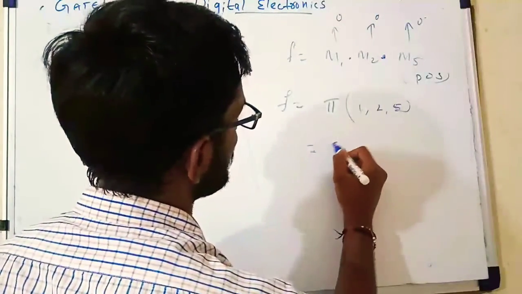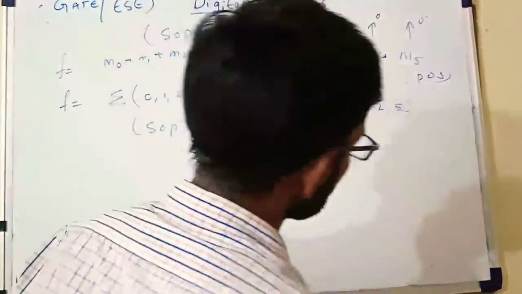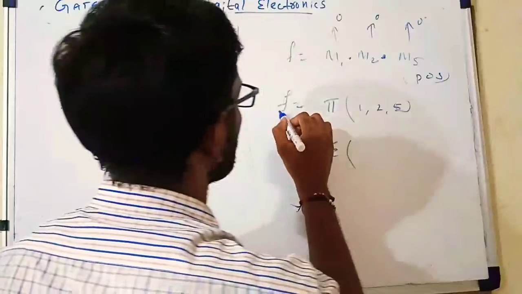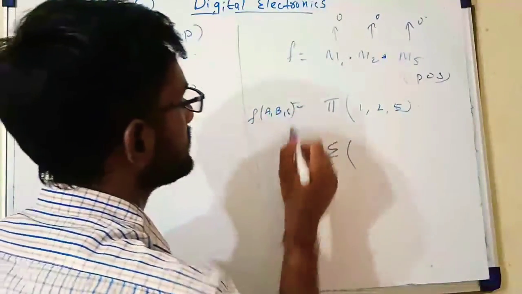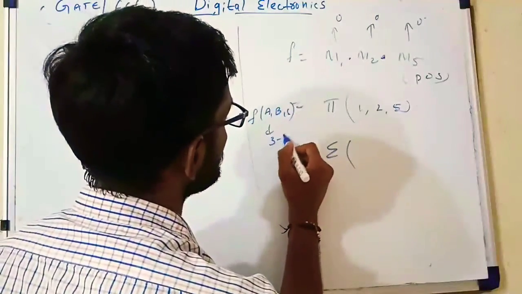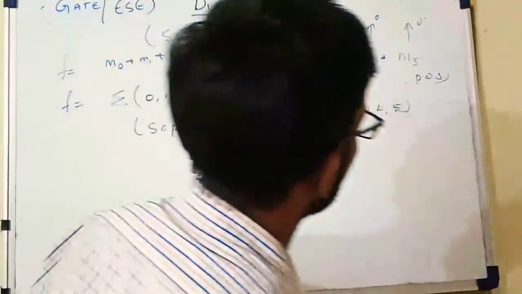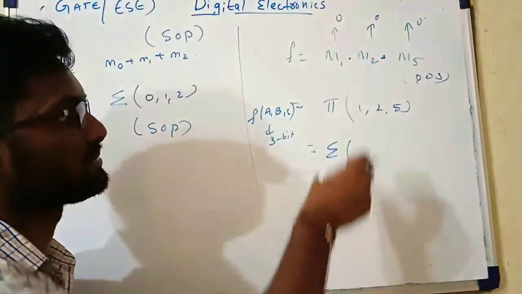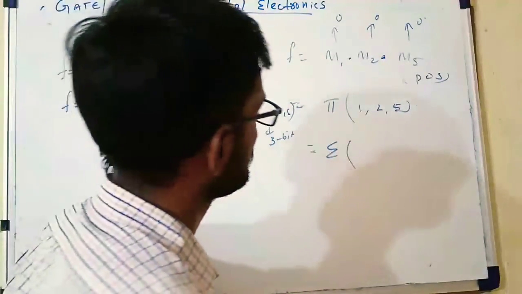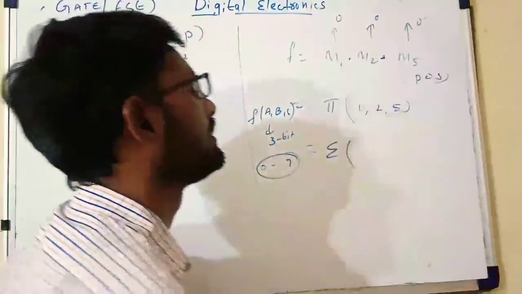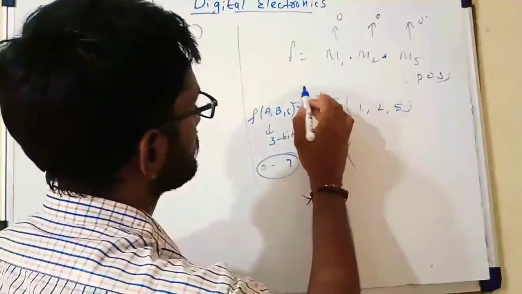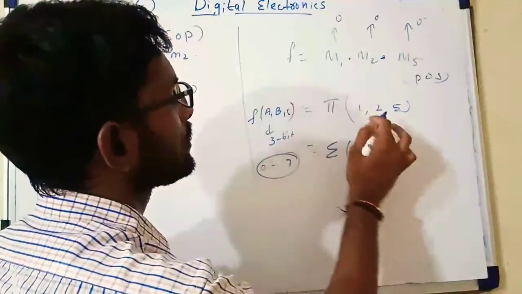So from this we can also write this as, let us suppose that this is f of A, B, C, which is 3-bit. 3-bit is nothing but total 8 combinations, that is 8 max terms are present. So the minimum value is 0, maximum value is 7. This is pi of 1, 2, 5.